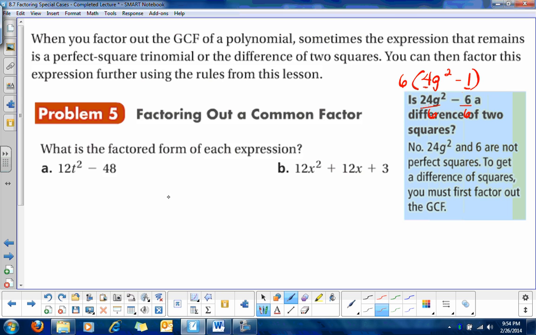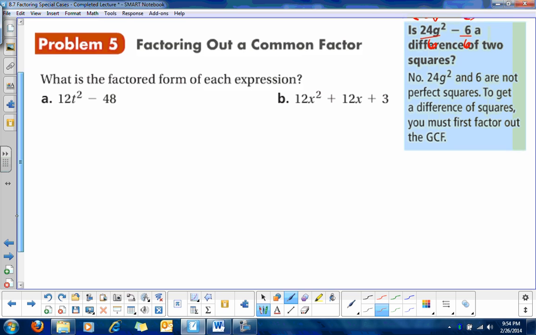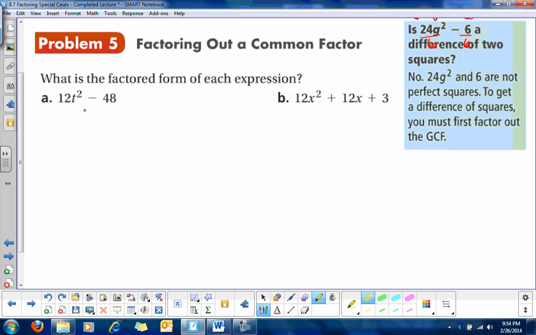So let's take a look at example A. And we want to find out what is the factored form of each expression. Well, looking at it as it is, we can see that 12 and 48 are not perfect squares.